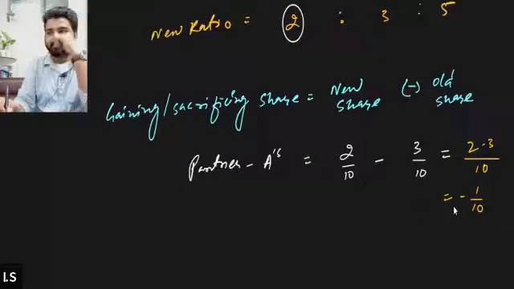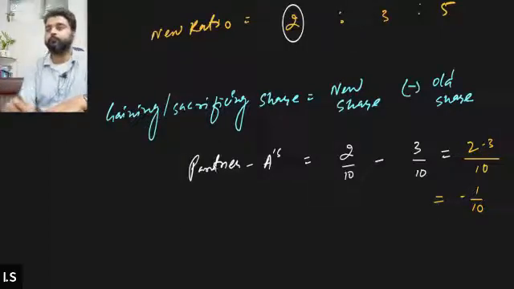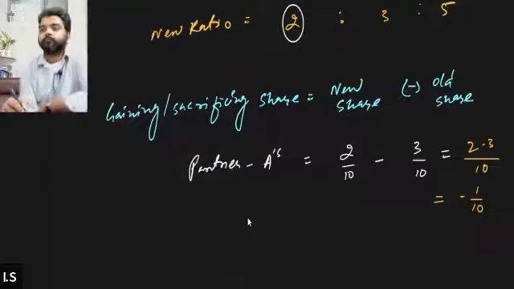Since we are getting a negative share for partner A, tell me, guys, whether partner A is sacrificing or gaining. Gaining. All right. Anyone else? See, it is very evident from the values also.